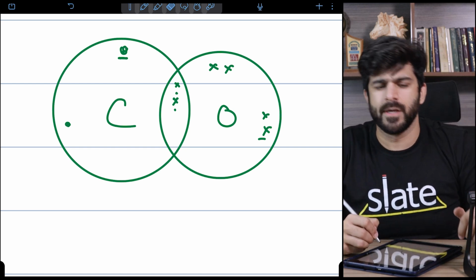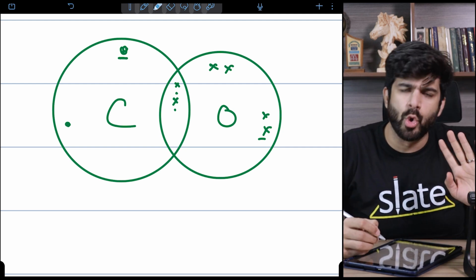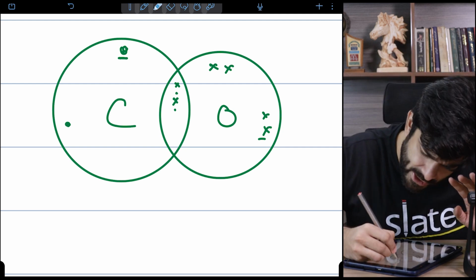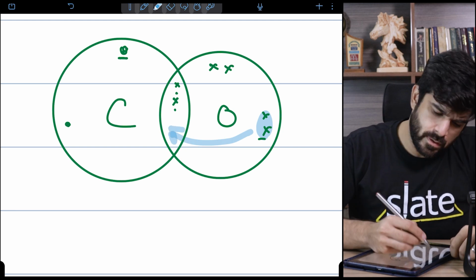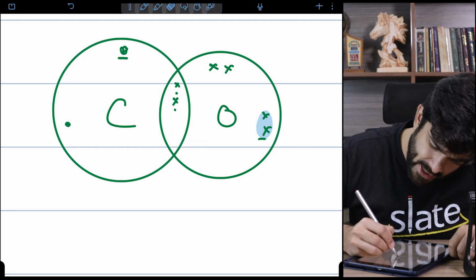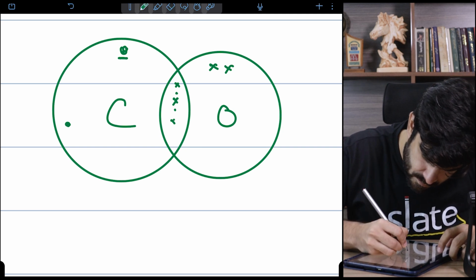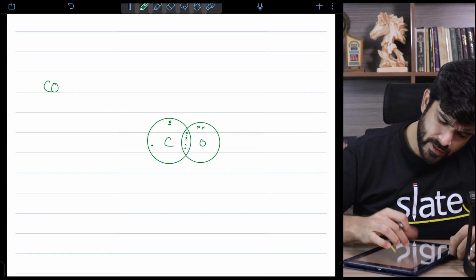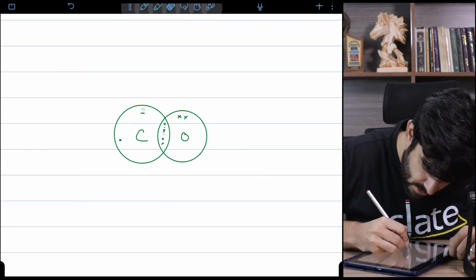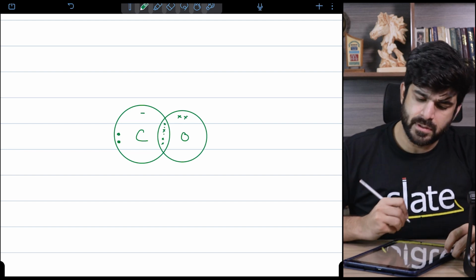So what can happen here? Carbon needs 2 electrons. Oxygen has 2 lone pairs. So oxygen can donate one of its lone pairs to carbon and will make a dative covalent bond. So that's what happens here. And ultimately, this happens.